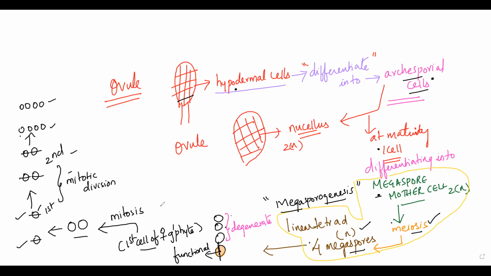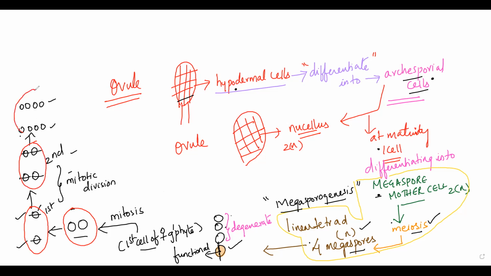Now, this is very important to understand that the one which is present here, which one? The functional megaspore. So the functional megaspore, let me draw it with another color. So this is the functional megaspore. Okay, the functional megaspore having the 2 nuclei, right? They move to the opposite poles here. This is your megaspore, where there is a second set of mitotic division.